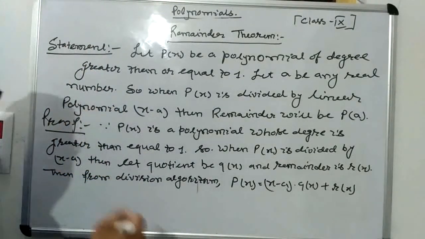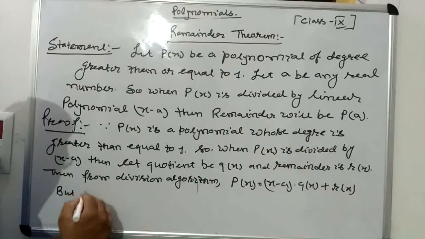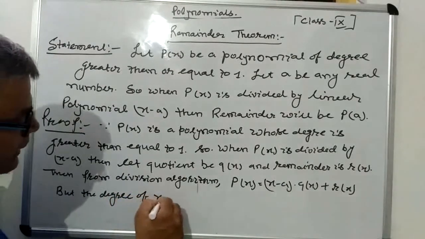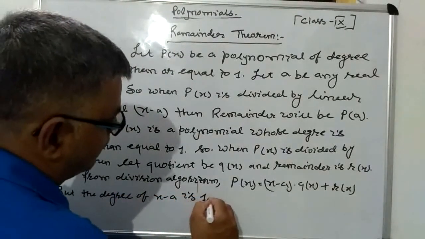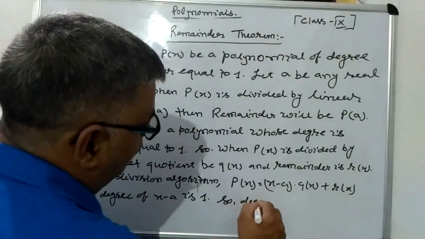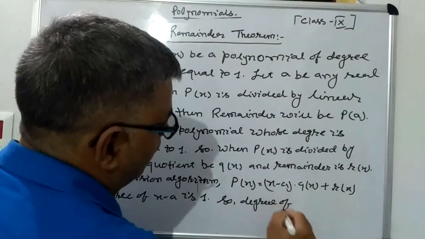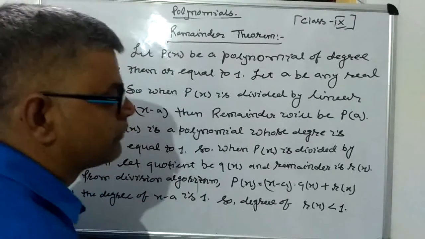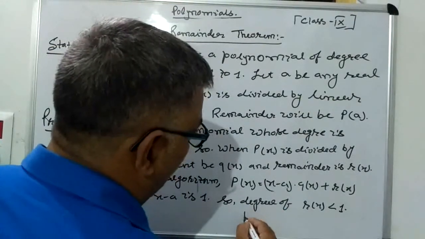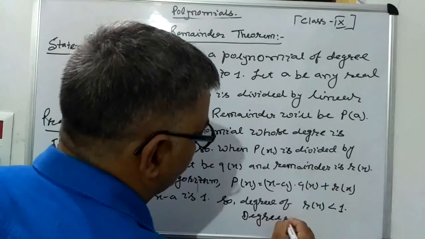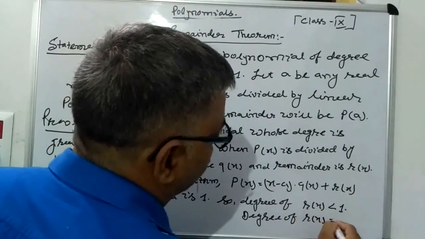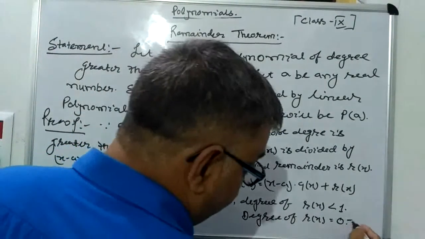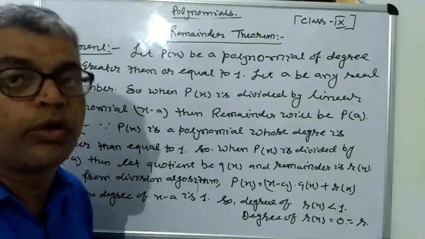But the degree of x minus a is 1, so the degree of R(x) must be less than 1. That is, the degree of R(x) equals 0, which is less than 1. R(x) equals 0 degree, so it will be r, a constant polynomial.